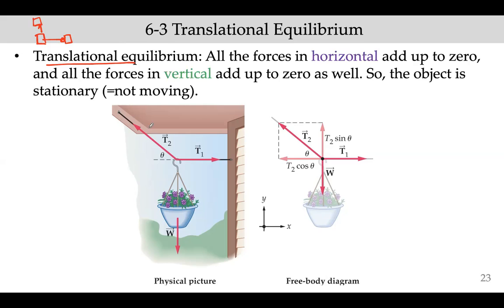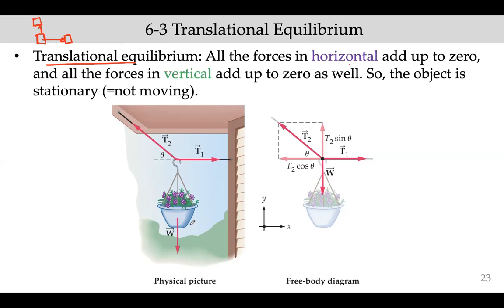So basically, the object is standing still at its original position. So when do we call it translational equilibrium? Well, all the forces in horizontal add up to 0, and all the forces in vertical add up to 0 as well. So the object is stationary.